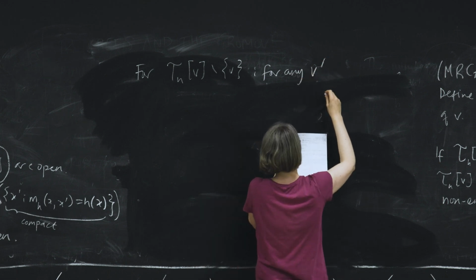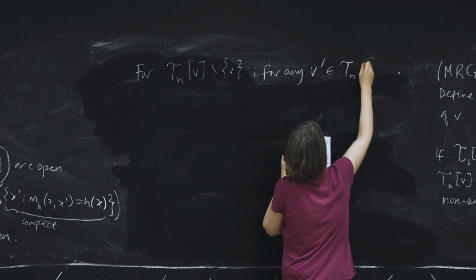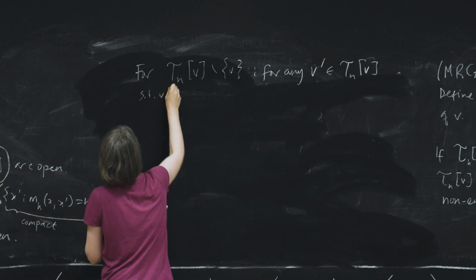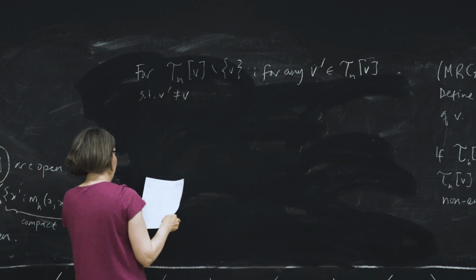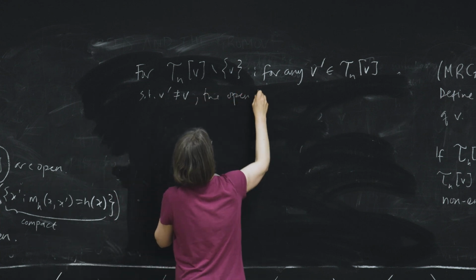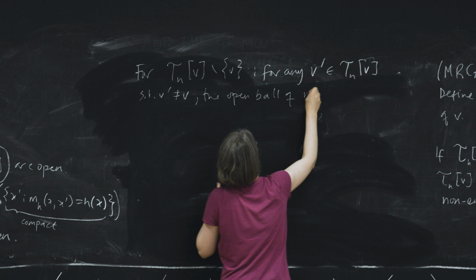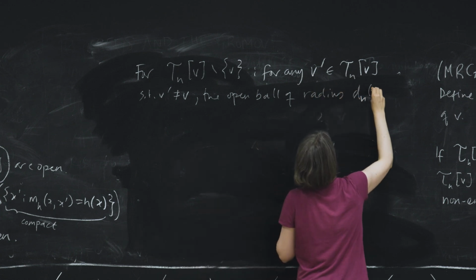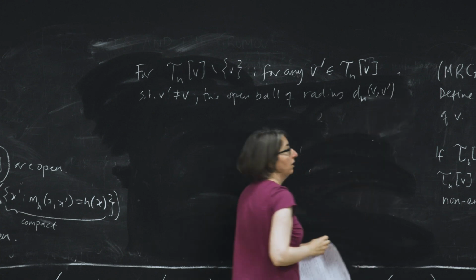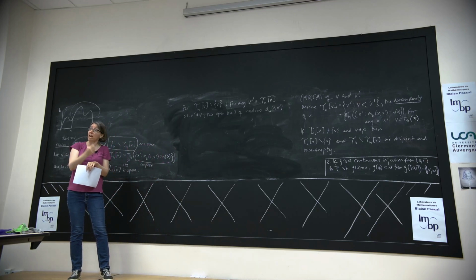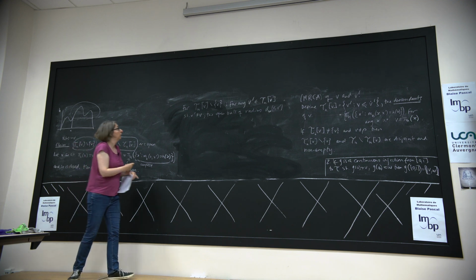If I take some other v prime that's in it, well, it's the case that the open ball of radius the distance between v and v prime is entirely contained within it. Right? And since that's the case for every element of that set which is not equal to v, it must be open.